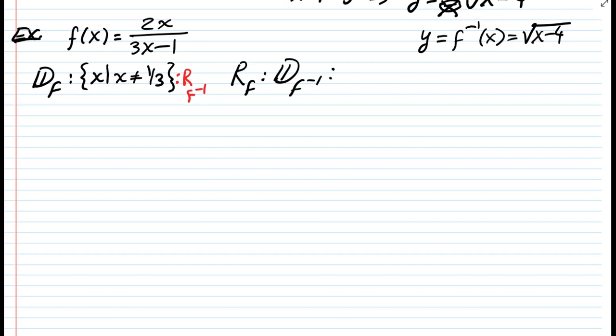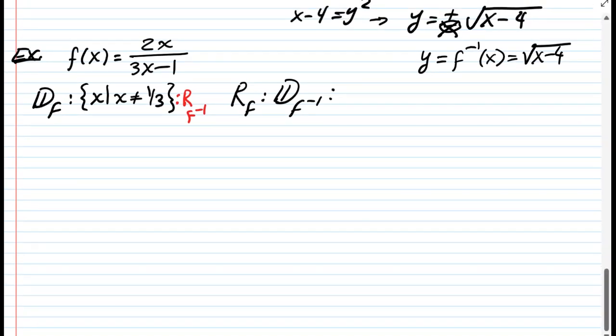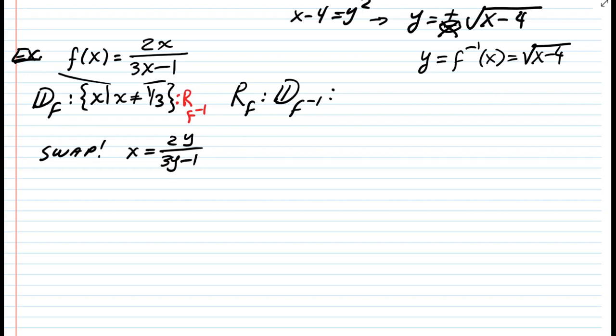Now, let's find the inverse. We're going to swap the x and the y. So x is equal to 2y over 3y minus 1. See up here? f of x and y are the same thing. So that's why I just called it y down here. Now to solve this, let's cross multiply.